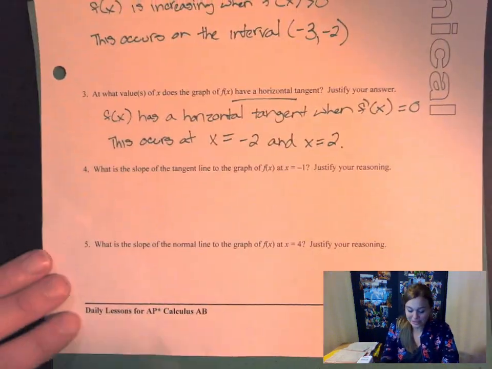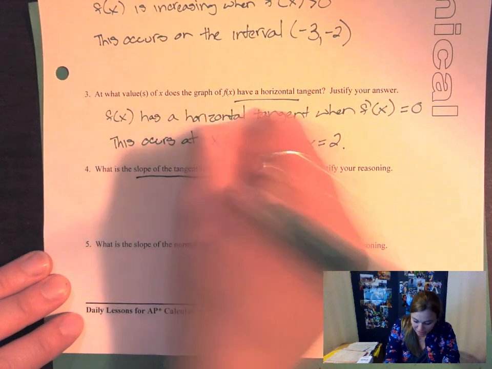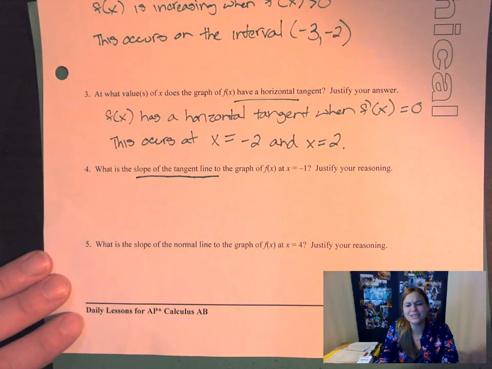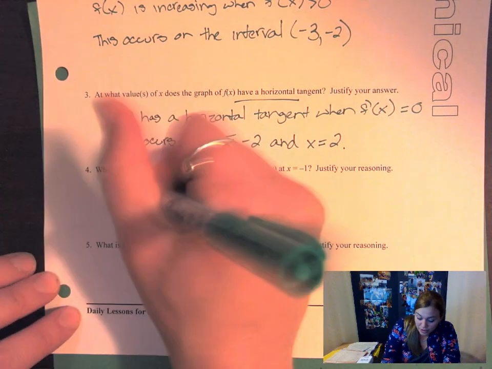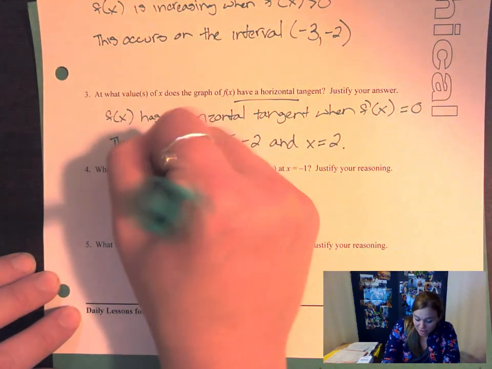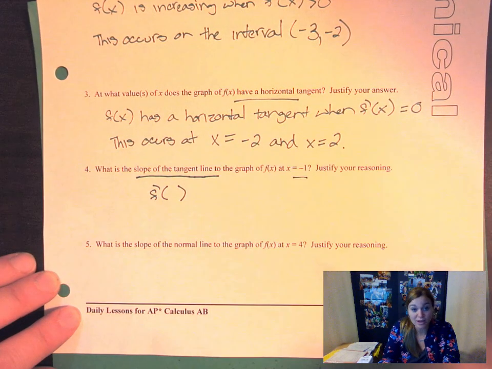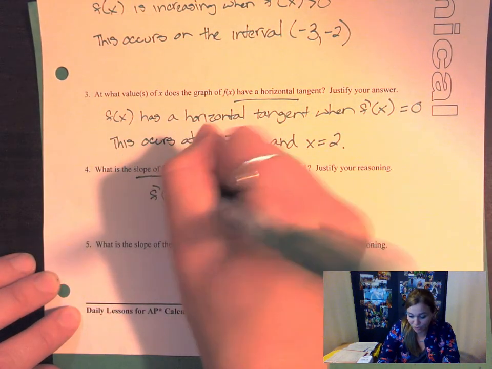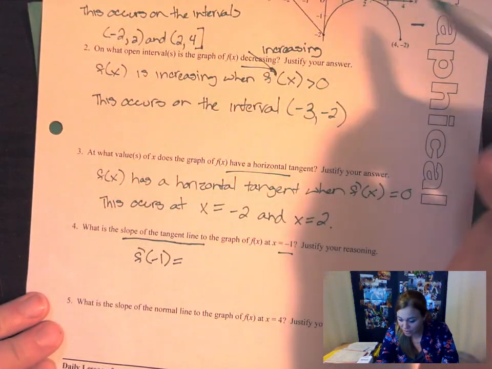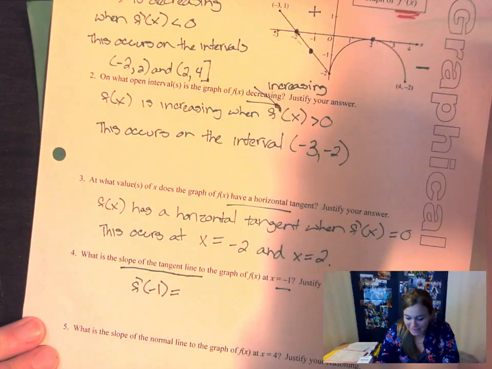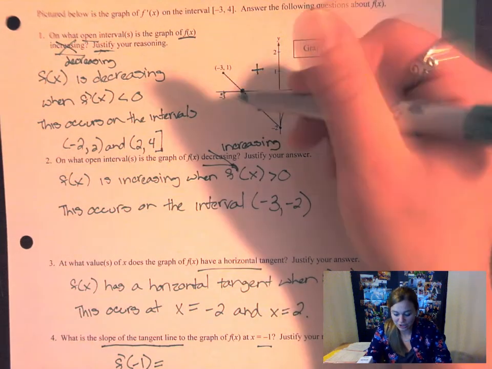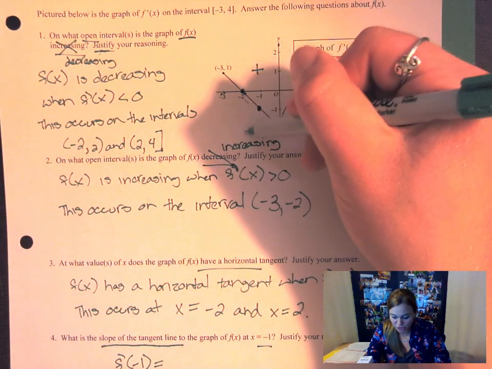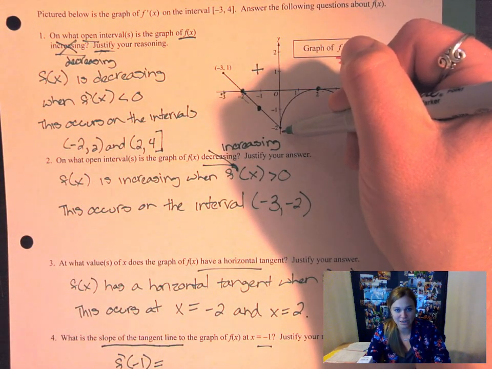Okay, next one. What is the slope of the tangent line? Wait a second, slope of the tangent line, what's that mean? It's the derivative. Okay, so I'm going to say f prime of x, but it says at -1. So f prime of -1. If I go up to f prime of -1, do I know what that is? Well, it looks like it's right here, but I can't be sure until I actually check. But you see how if I go down to, right to, my slope is actually going to be -1.